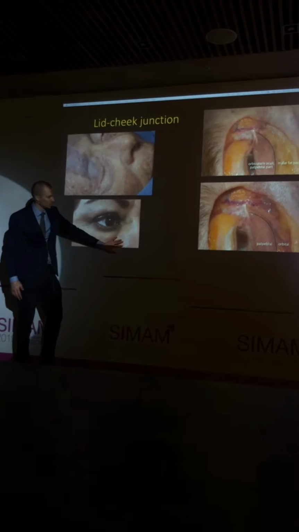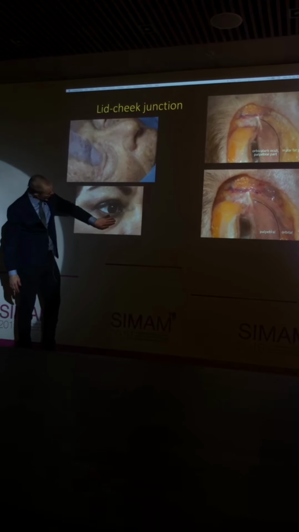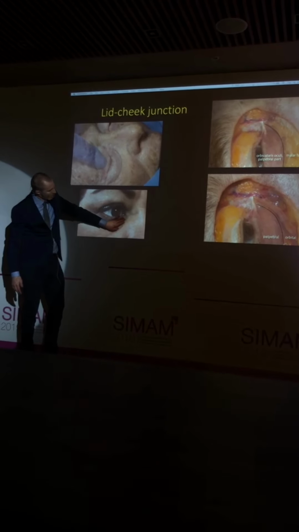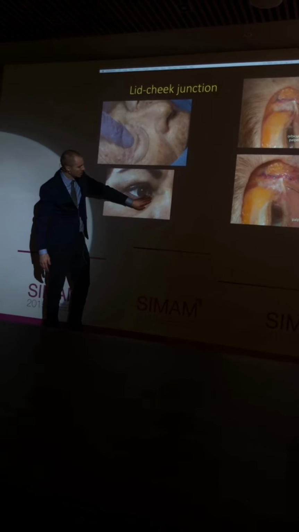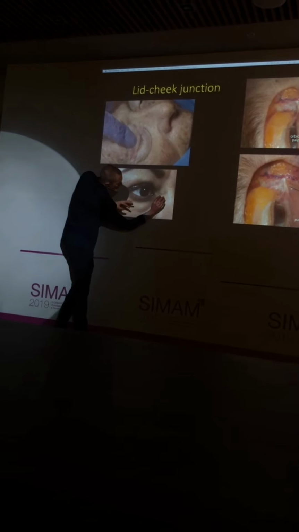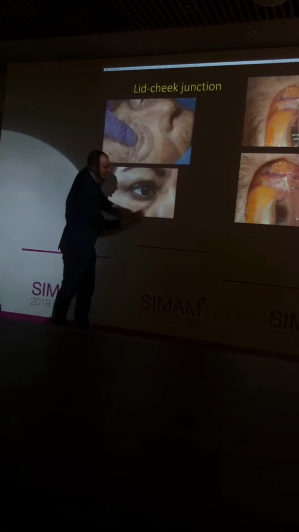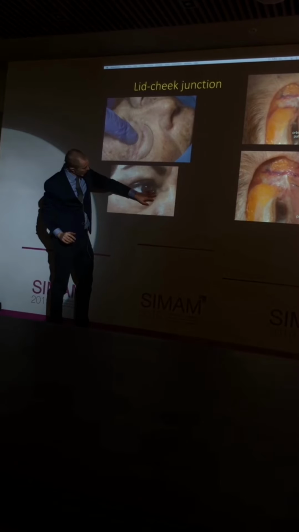So the uncovered orbicularis oculi at the top is the palpebral portion, not covered by the layer of subcutaneous fat, and this is the orbital portion.